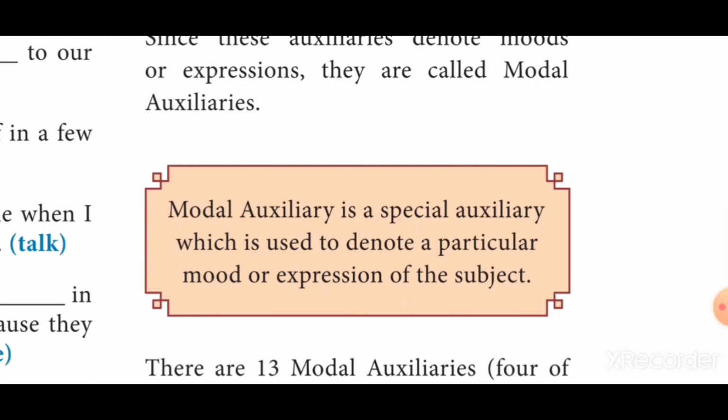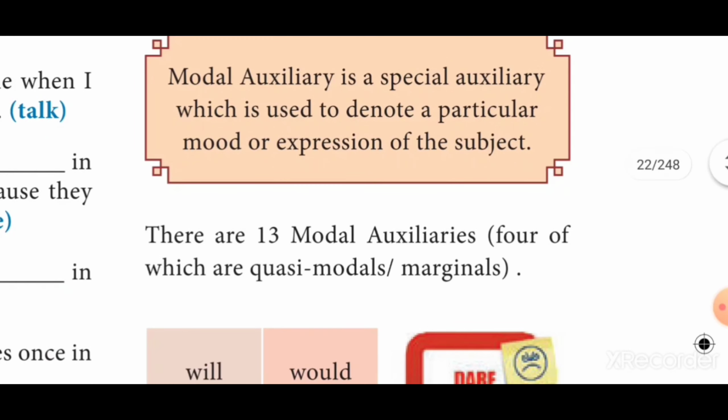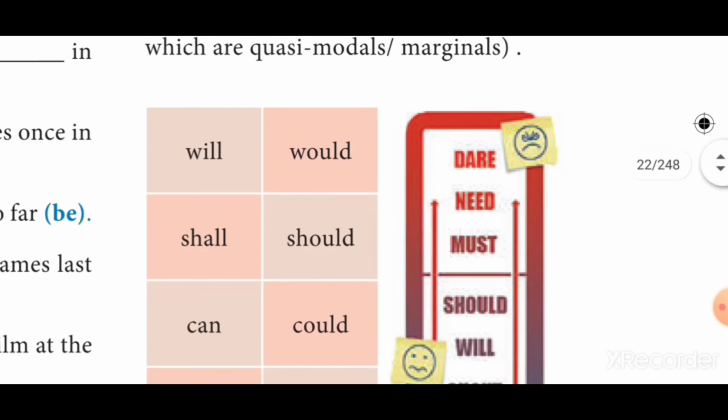A modal auxiliary is a special auxiliary which is used to denote a particular mood or expression of the subject. There are 13 modal auxiliaries, 4 of which are quasi-modals or marginals. We find a list of modal auxiliaries here. The first is will, and you find would against it.